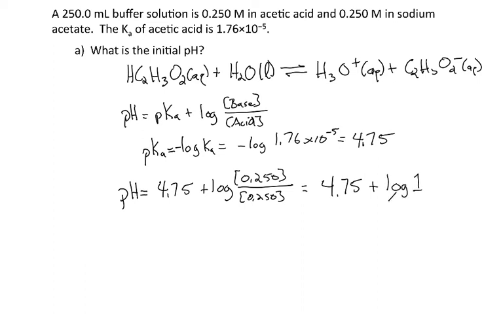And of course the log of 1 is 0. So when the concentration of the weak acid and its conjugate base are the same, then the pH is just equal to the pKa. All right, so in the next problems, we're going to look and see what happens to this buffer when I add strong acid or strong base to it.